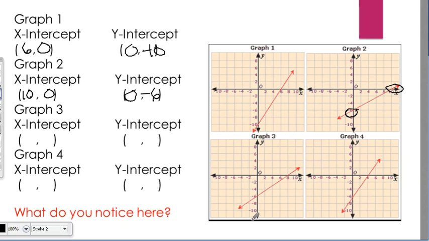Let's look at graph number 3. On graph number 3, our line is moving up and to the right. Here's our x-axis. We can see that our x-intercept is to the right 8 and up or down 0. We can see that our y-intercept is 0, negative 6.